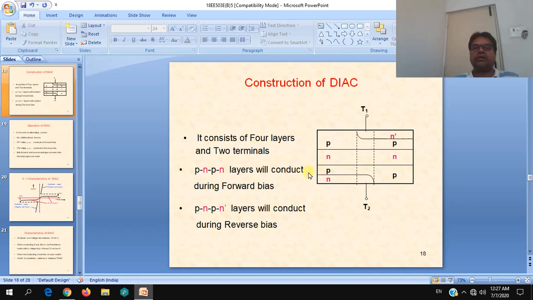So that third terminal gate is not there. You can imagine this as the anode voltage triggering, the anode voltage turn on method of an SCR by increasing the applied voltage.